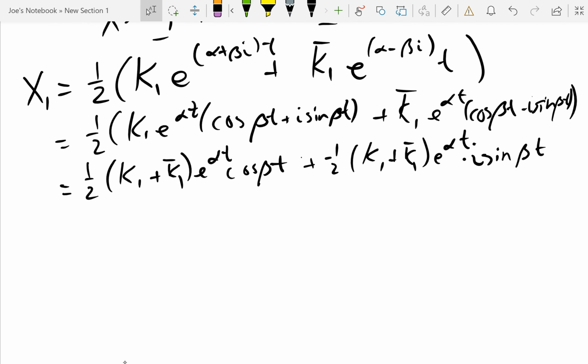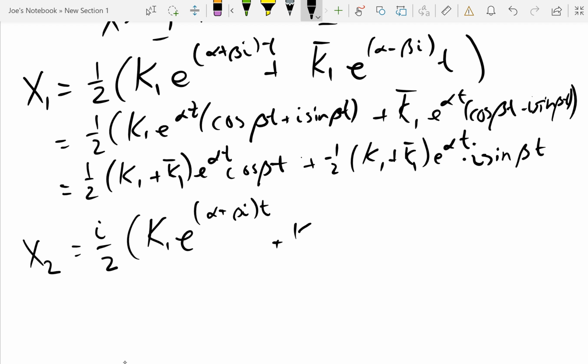Let's do a similar thing for x2. If we do i over 2 times k1 e to the alpha plus beta i t plus k1 bar e to the alpha minus beta i t, this is i over 2, times, let me put a negative in front of this k1 because I want to do a subtraction idea here.